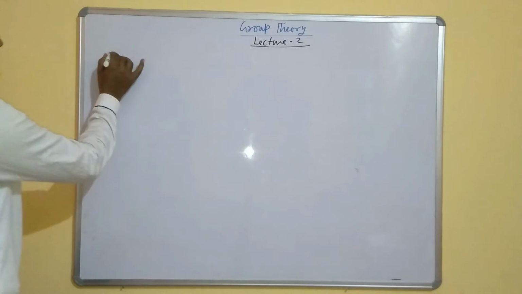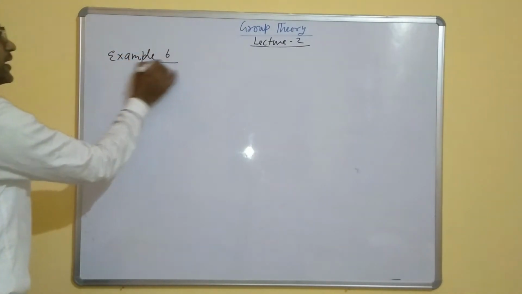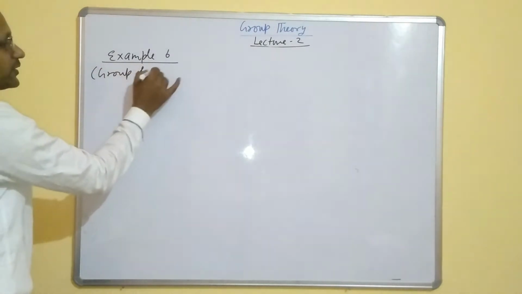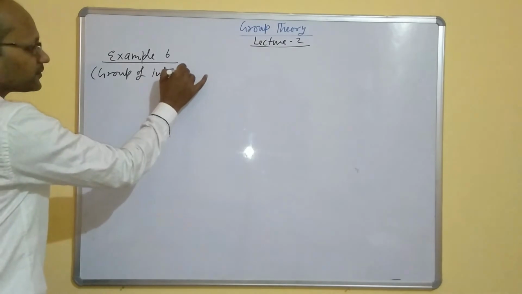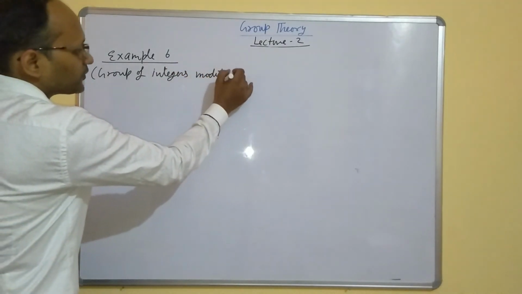Now we are coming to example number 6, and that is the group of integers modulo n.